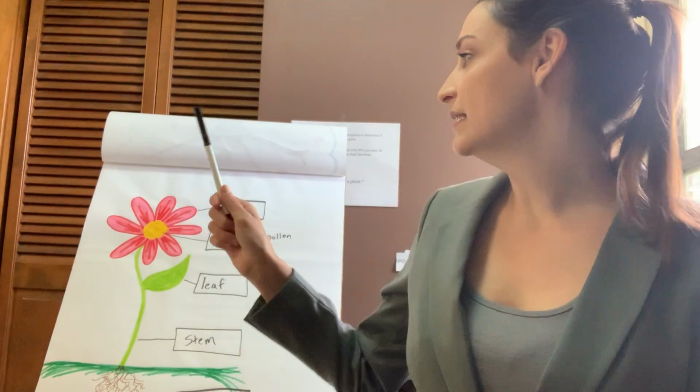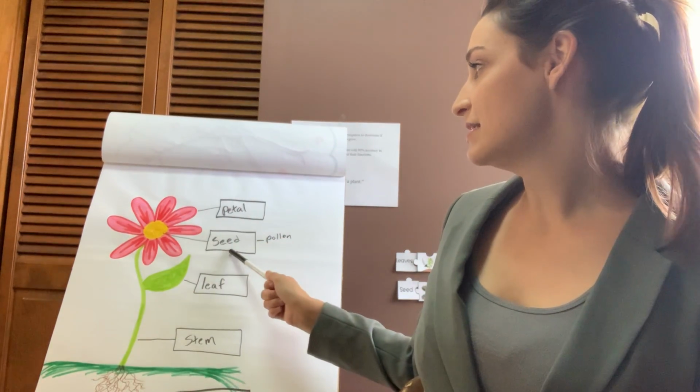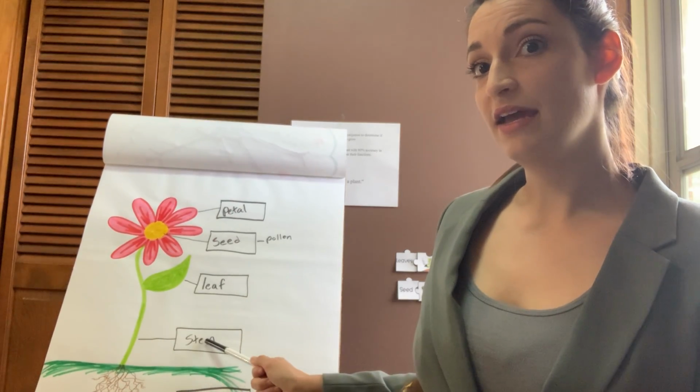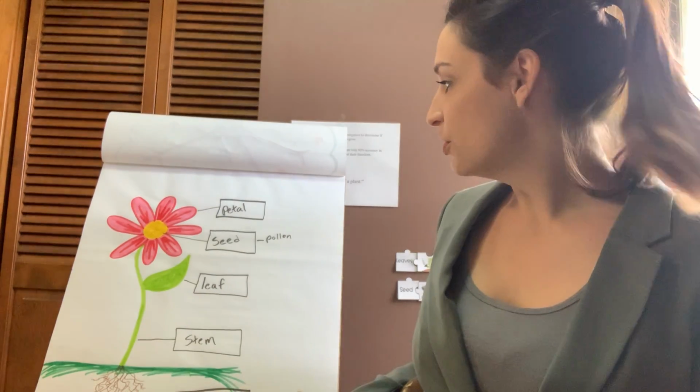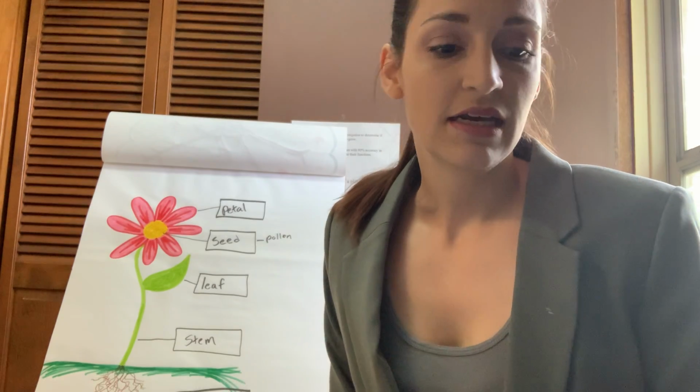You're correct. We labeled the different parts of the plant, the petals, the seeds, which can also be pollen, the leaves, and the stem, and the roots. We've learned all about those different pieces of those plants.